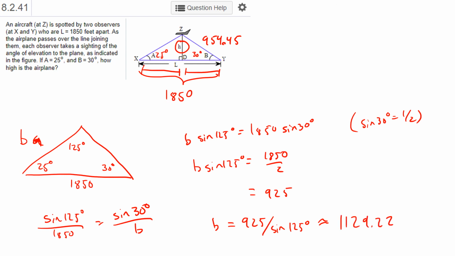Okay, and I'm going to go ahead and label that as this side over here, 1129.22. Okay, now we can finally turn our attention to trying to find the height, that missing bit in there.